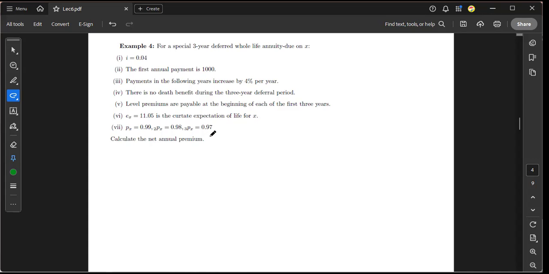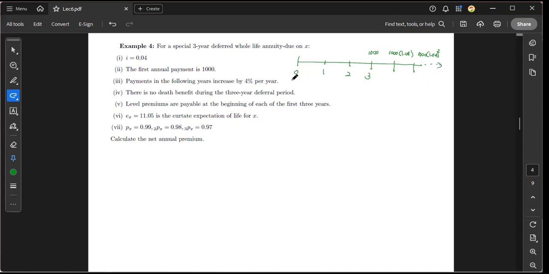And then the company will start paying us starting from 1,000 and increasing by 4% per year till death occurs. So that's the nature of this payment. If I visualize it, we have the deferred period from 1 to 3. And from this point onward, we will have 1000, 1000 times 1.04, and 1000 times 1.04 to the power 2. And it continues till the death.